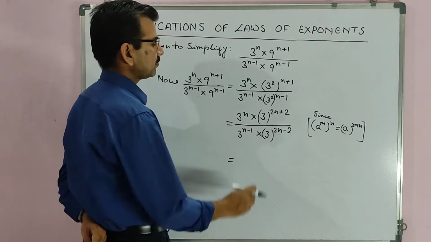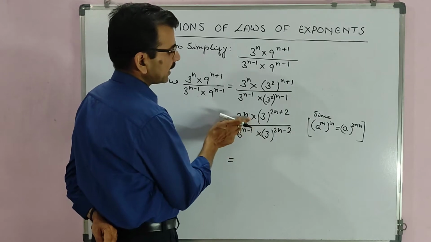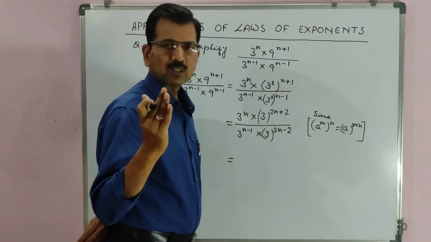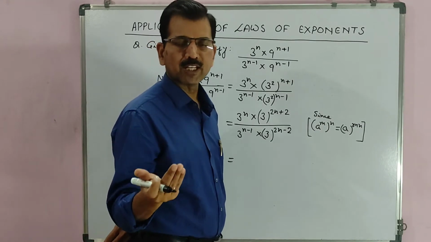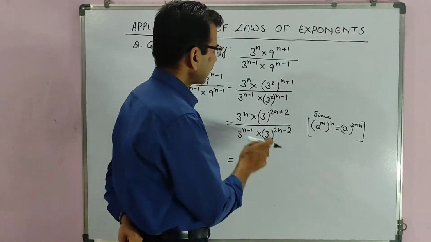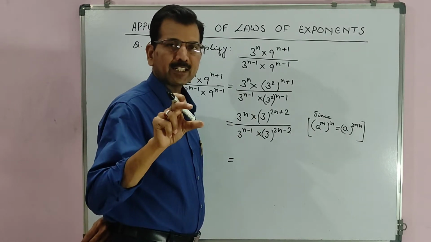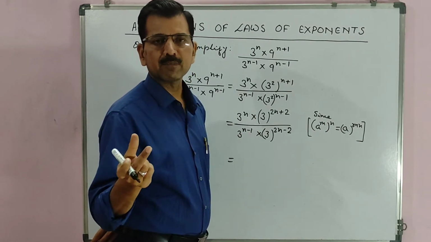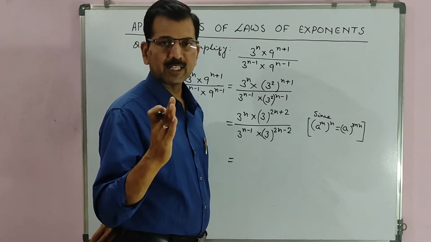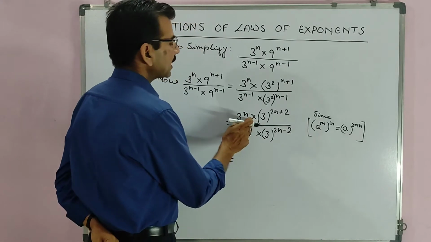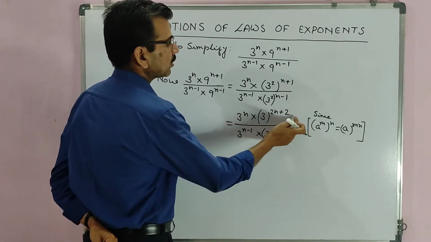Again, here you see that there is a sign of multiplication. Why I am telling you? Because in the next question that we are going to solve, there will be plus or minus in between, so we have to be alert for that. In case of multiplication, this is one number only.